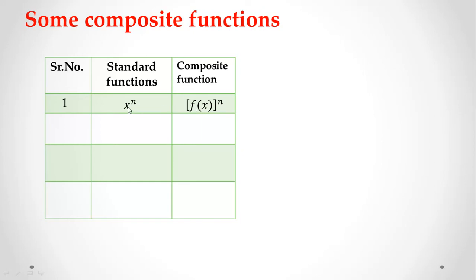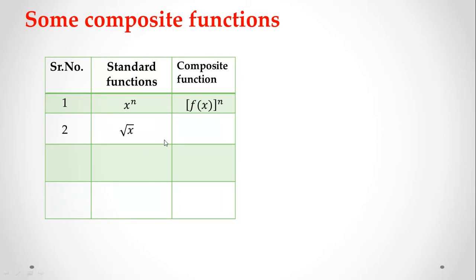Here it is only x and here it is a function of x. So there will be a term in terms of x, but not only x here. Here it is x raised to n, but here it is f(x) raised to n. So you have to understand like this. x raised to n and then the composite function is f(x) raised to n.